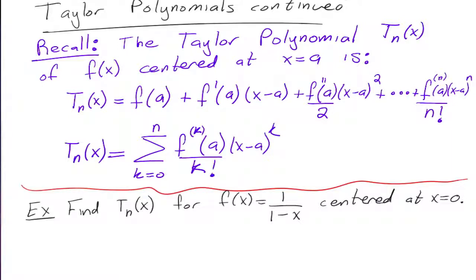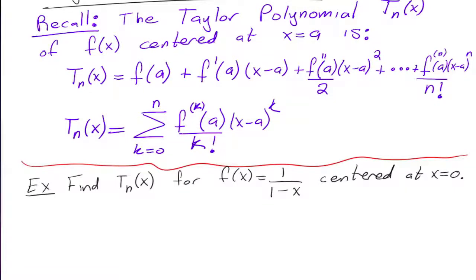To be able to find this, we need all these: f of a, f prime of a, f double prime. Those all represent numbers, right? Because they represent the derivatives evaluated at a point. So the first thing I need is to find the first derivative, second, third, fourth, right?